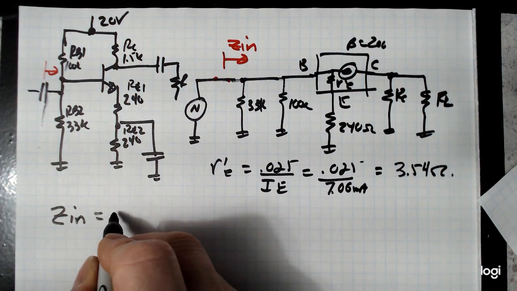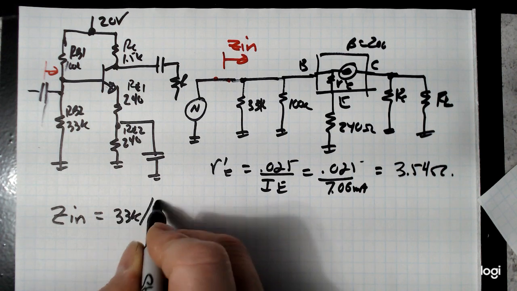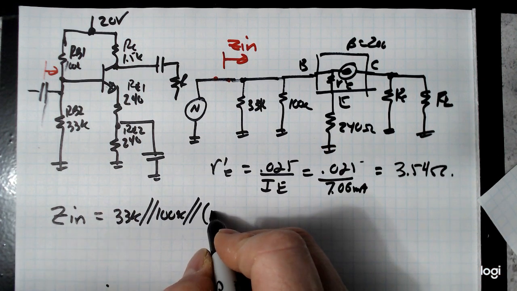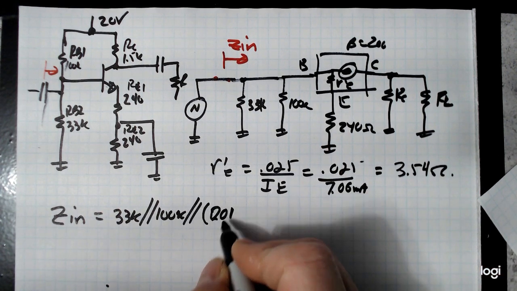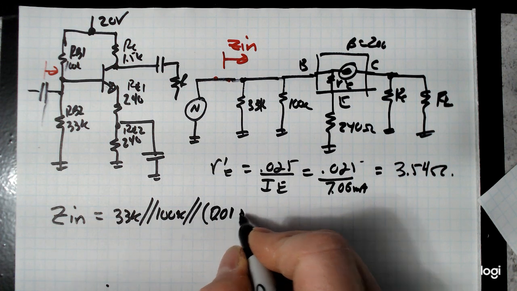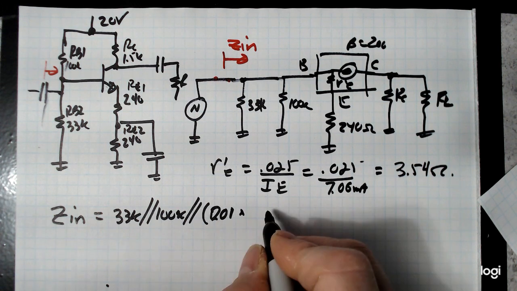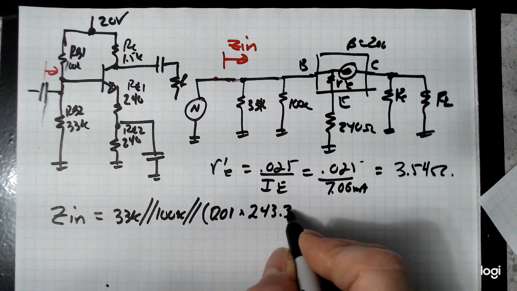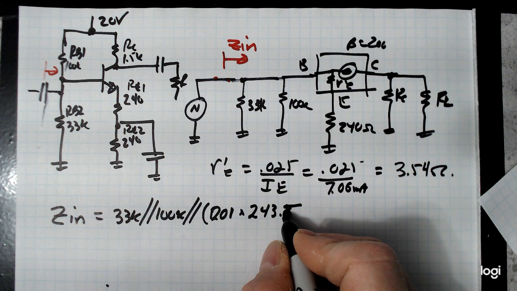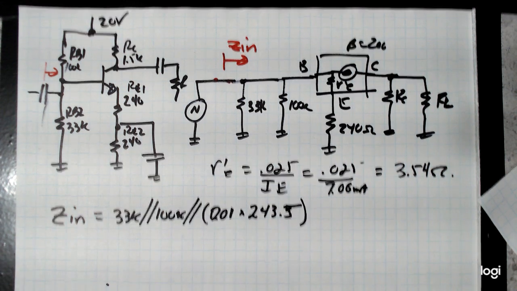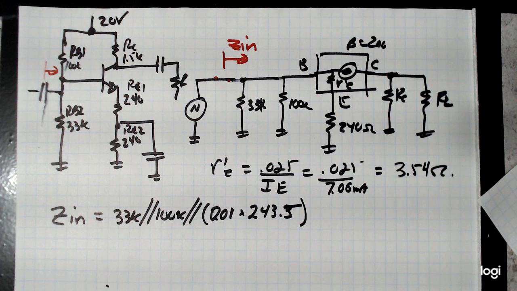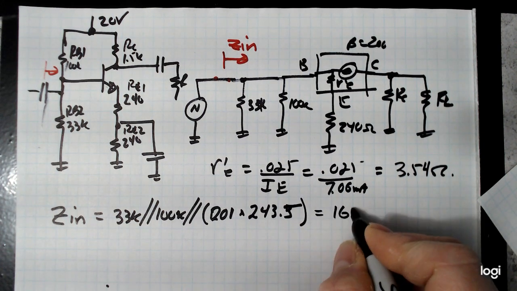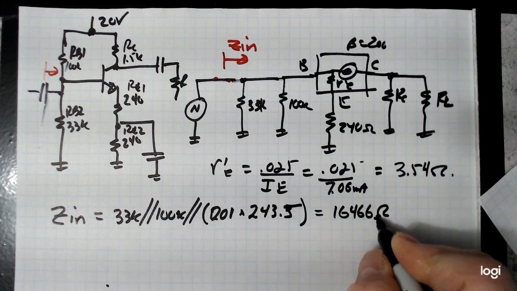That would become 33k parallel to 100k parallel to this branch here, which is 201, beta plus 1, times R prime E plus 240, 243.5. You calculate all those values, you end up with a Zin of 16,466 ohm with beta of 200.